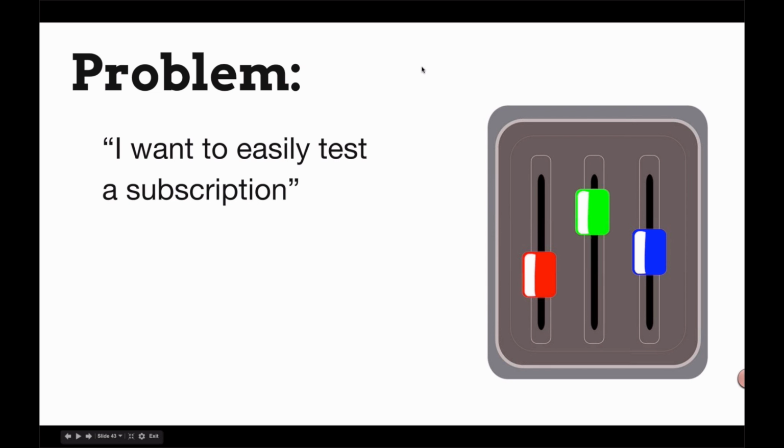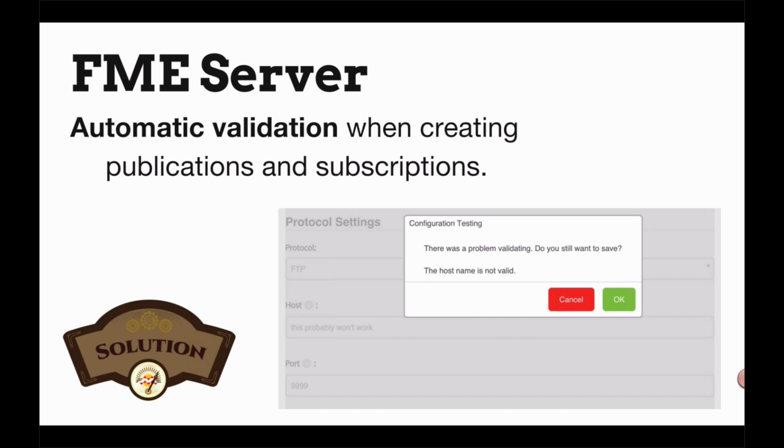It's all about us making it easy for you to set stuff up with FME Server step by step, and knowing as you're building your workflow through FME Server, making it easier to pinpoint where exactly the problem is. So let's say I've set up a subscriber successfully in FME 2016. That first validation step would tell me that, hey, you did set up your email configuration correctly, which is great. So what's the next step?